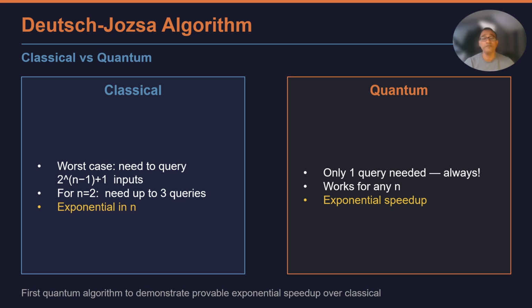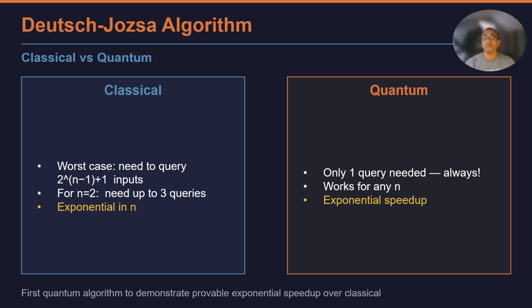Now, quantum, on the other hand, which we will see in follow-up sessions, will only need 1 query to determine the outcome, whether it's a constant or a balanced function. And this is not an individual case for 2-bit input to 2-bit output. The quantum approach will work for any number n, and that is where you will see an exponential speedup.